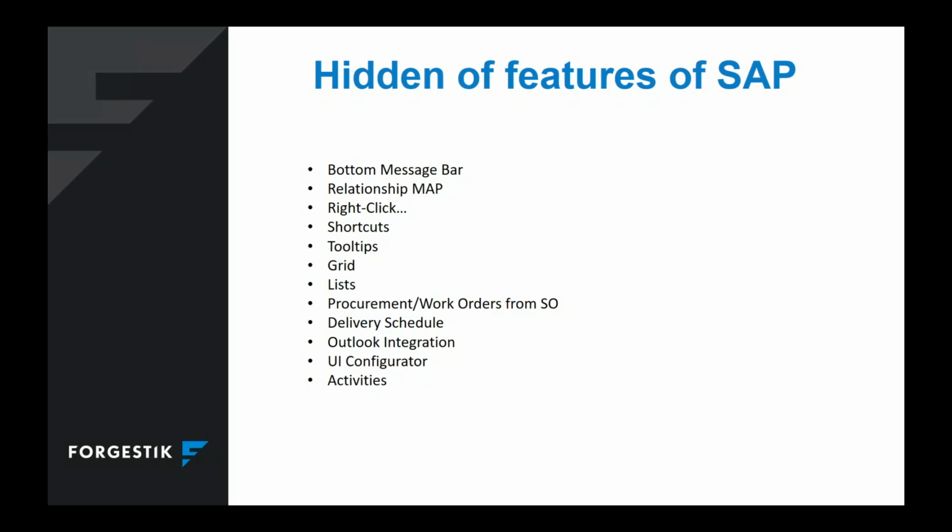I would like to show you how you can make a procurement or a work order from a sales order directly, and stuff about the delivery schedule that is now available with SAP Business One. If we have time, we might talk about the Outlook integration, the UI configurator, and activities, and so on. So let's start with the SAP stuff.